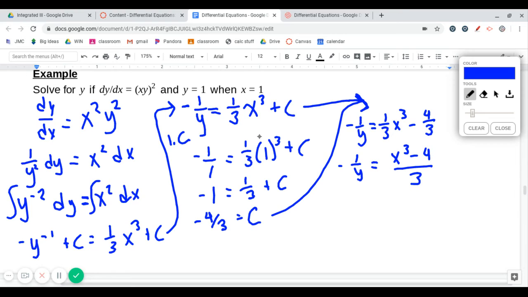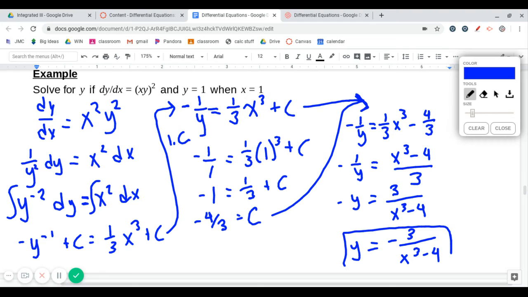Okay, now we're going to take the reciprocal of both sides. So to make this negative y equals 3 over x cubed minus 4. And then to solve for y, we'll multiply by negative 1. So y equals negative 3 over x cubed minus 4. And that is the explicit solution to this differential equation up here.